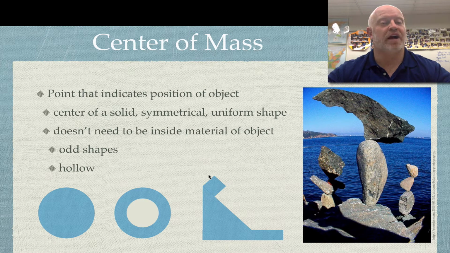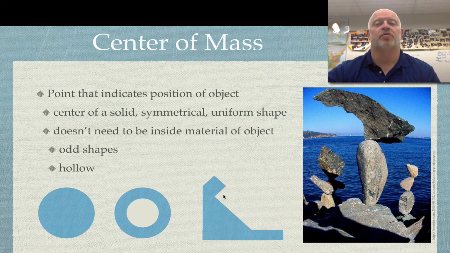Now, we can always find center of mass, and there's a couple different ways we can do that. The first one actually centers around this rock sculpture we see here. Now, I believe that they actually drilled into these rocks and put a bar between these two things to get them to balance. I don't know if they actually sat them here and have them perfectly balancing. That'd be pretty impressive if they did. However, they are using center of mass to help line this up.